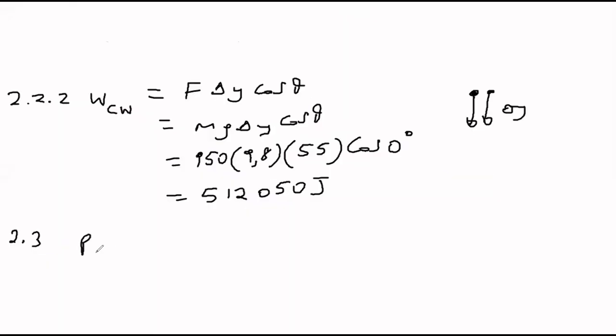Okay, so we have the average power, which is the same as the work over delta T, the rate at which the work is done. Average power is equal to the rate at which the work is done.